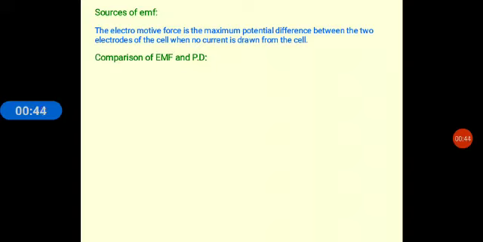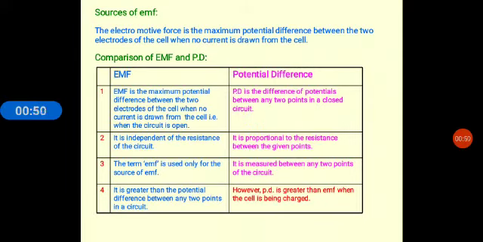Now we can compare electromotive force and potential difference. The EMF is the maximum potential difference between two electrodes of the cell when no current is drawn from the cell, that is, when the circuit is open, while the potential difference is the difference of potentials between any two points in a closed circuit.